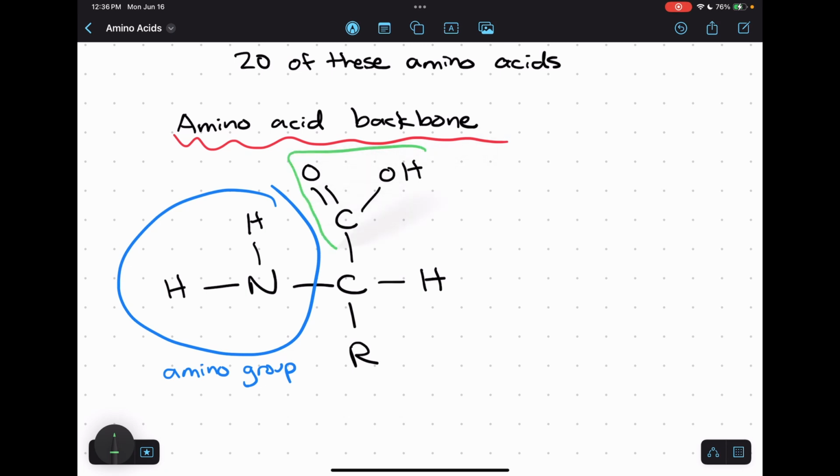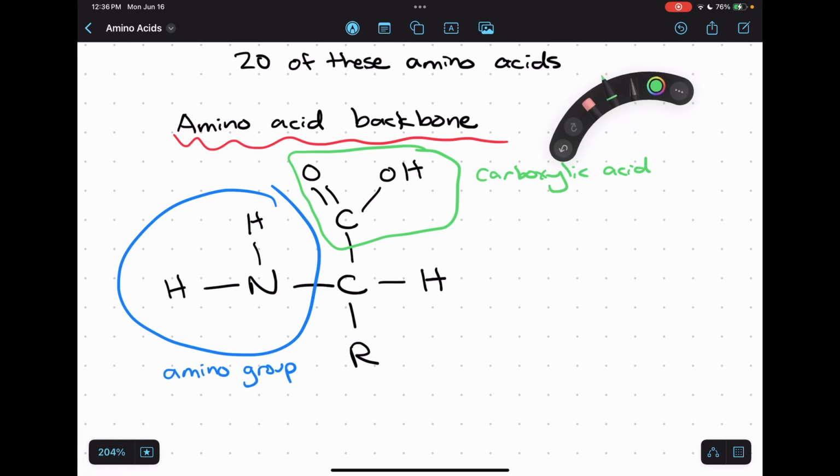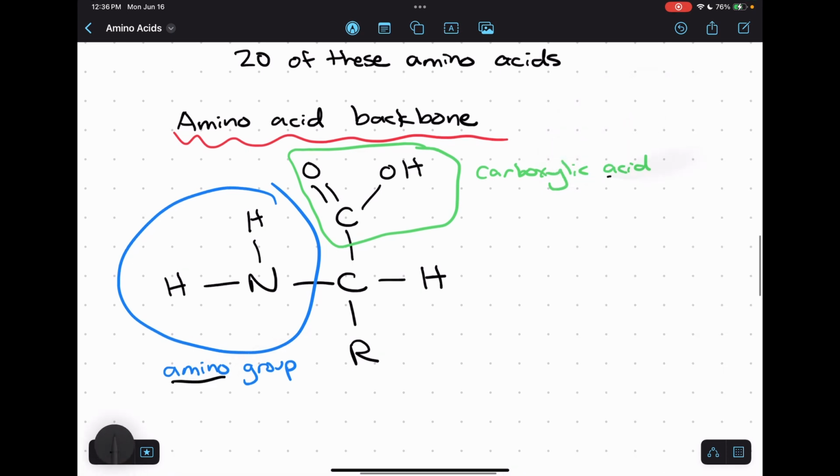It's because of this group, which is the carboxylic acid. Together, we have the amino group again and the carboxylic acid group, and that is why together we call these amino acids.